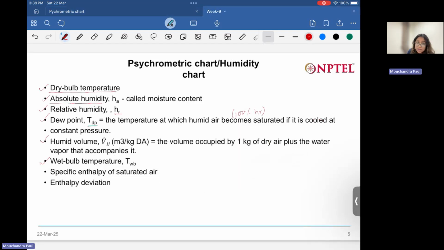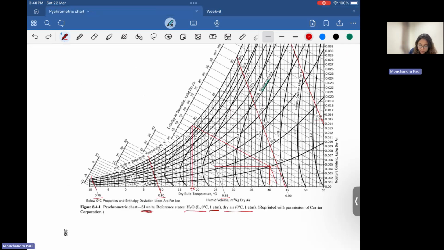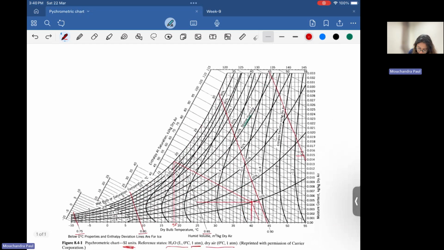Next, specific enthalpy of saturated air and enthalpy deviation. Both are related, that's why I'll show you both together. So these lines that are outside represent enthalpy at saturation, meaning when the air is 100% humid, that is, at that state, what is the enthalpy?